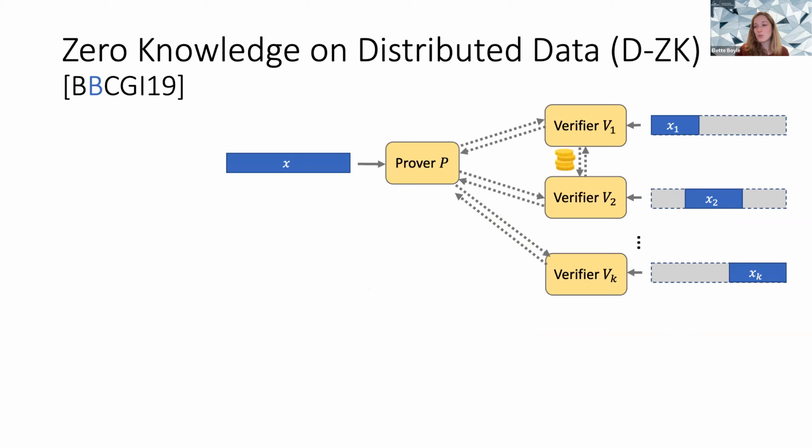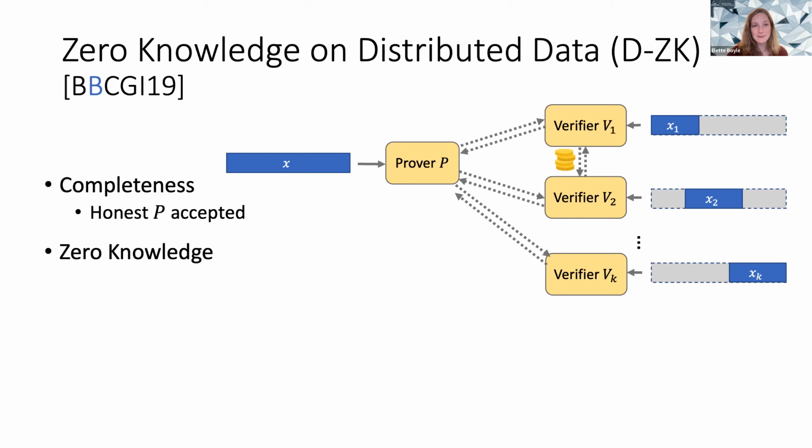Okay, so in more detail, such a protocol has the prover who has the whole statement X and who communicates information to the verifiers. In the simplistic version of this, you can think of the prover just sending a proof or pieces of a proof to the verifiers. Then the verifiers will communicate amongst themselves and ultimately decide to accept or reject the prover. Completeness means that if the prover is really honest and X is truly in the language, then the prover will be accepted.